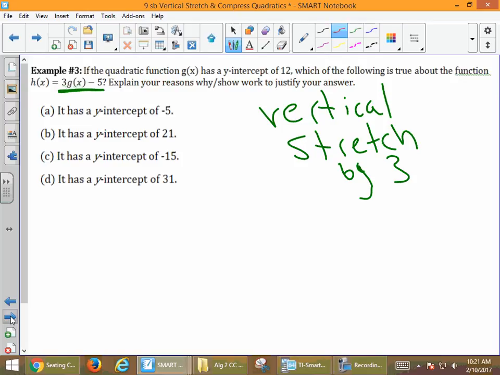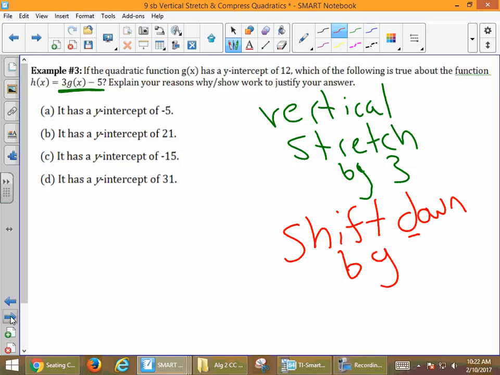So we have another shift down 5. And this happens because we have the minus 5 after our function. So after the g of x, we have that minus 5. That represents a vertical shift down by 5. If you need help remembering these, look at your transformation rules chart.